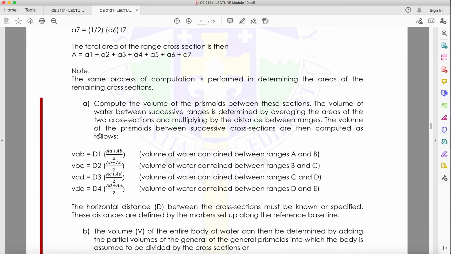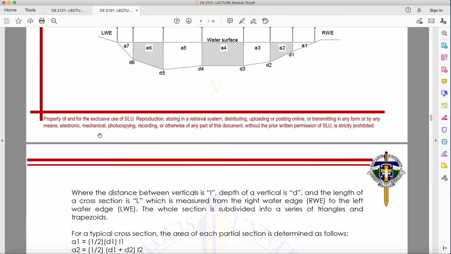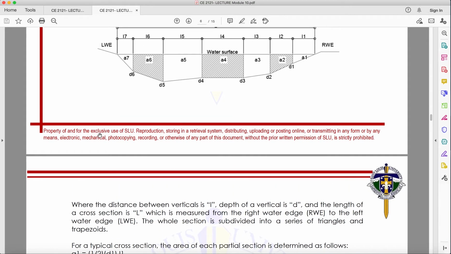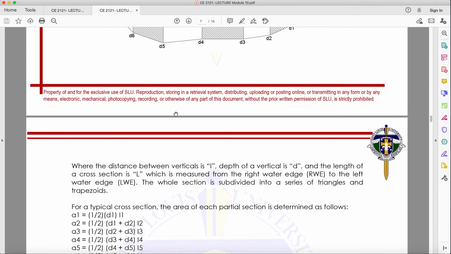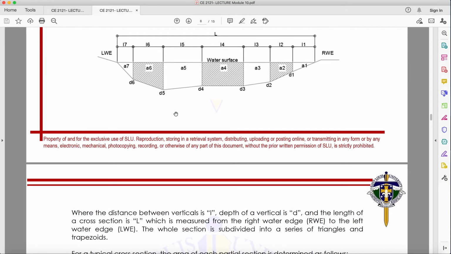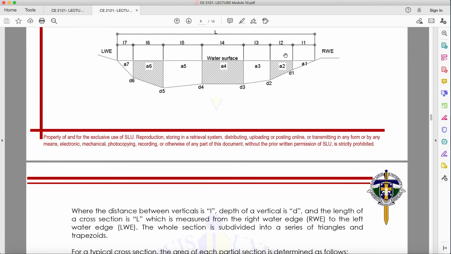Then for the volume, we multiply by the depth. For the area, as we showed in our solution, it is (d1 plus d2) over 2 times the length of L2.